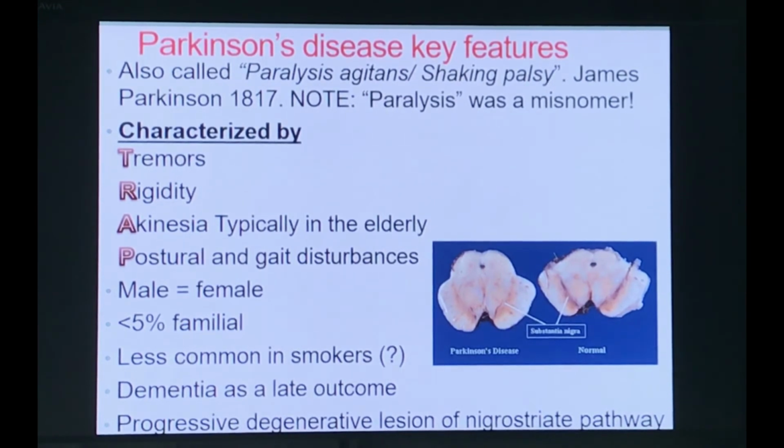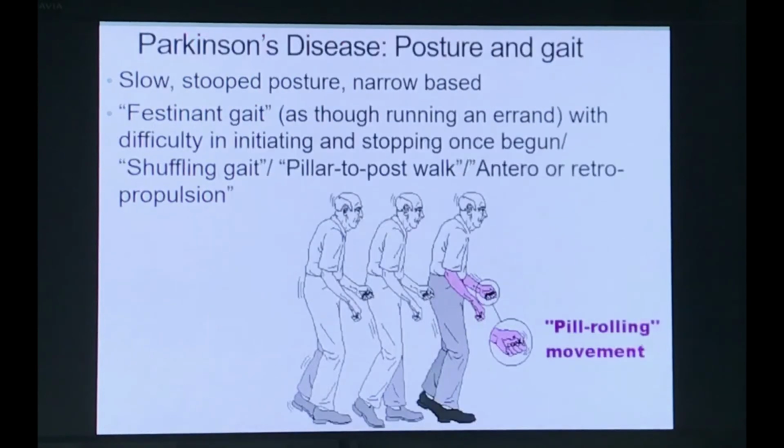So there will be progressive degenerative lesion of nigrostriatal pathway, that is the substantia nigra pars compacta, which is sending information to the striatum. So that is mainly compromised. It mainly releases dopamine, so there is deficiency of dopamine which can lead to this disease.